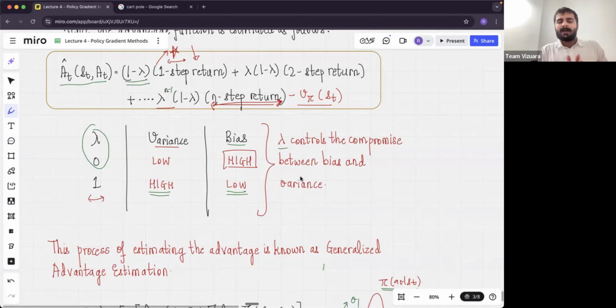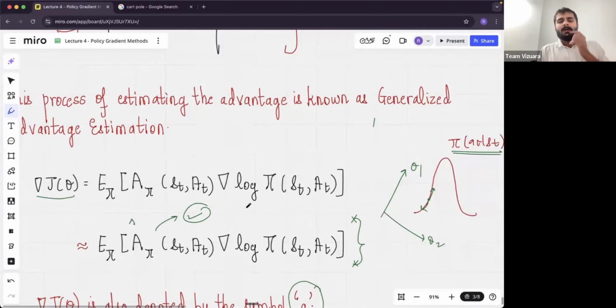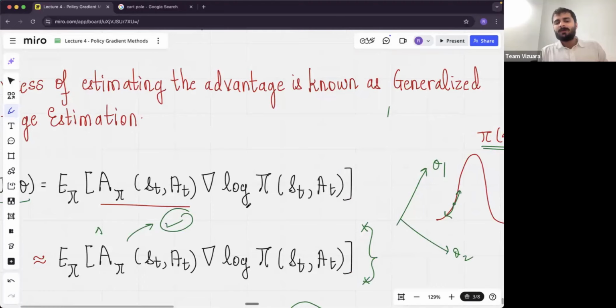And then we again looked back at the entire formulation and came up with this very nice formulation where we replaced the G of t or the Q of t by the advantage function. The intuition behind the advantage function is that it tells how much better or worse the action is compared to the policy's default behavior.